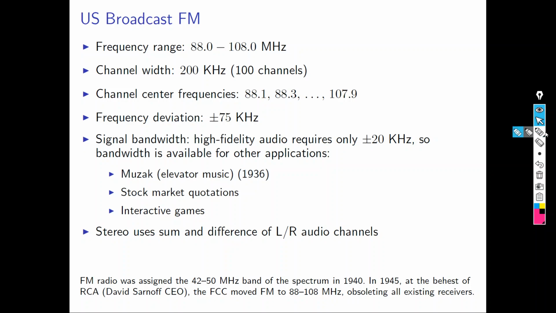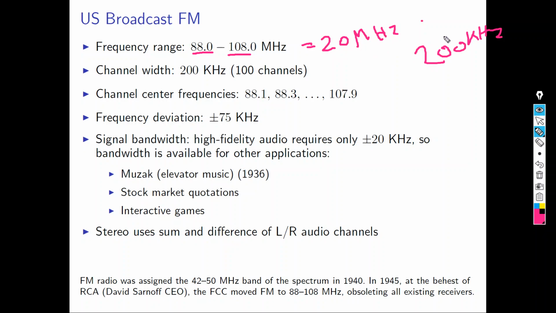Now divide 20 mega by 0.2 mega. How many channels do you get? If I ask you, the total bandwidth assigned for FM modulation is between this number and this number. When you subtract them from each other, you find that the bandwidth is 20 megahertz. And I tell you that in frequency modulation each single channel has a bandwidth equal to 200 kilohertz. How many channels can I have? How many FM stations can I deploy?